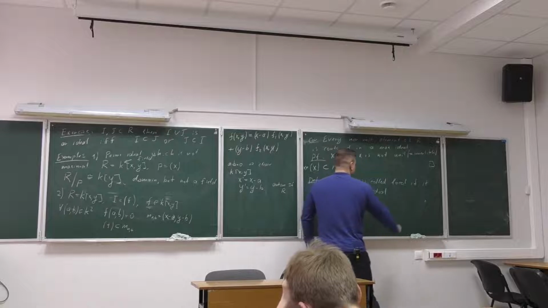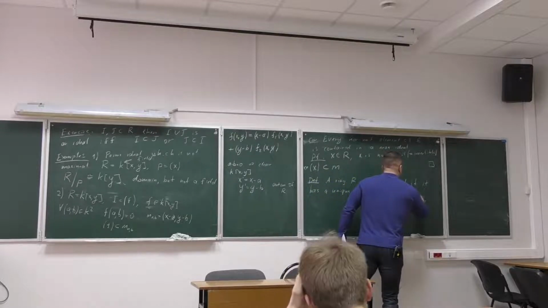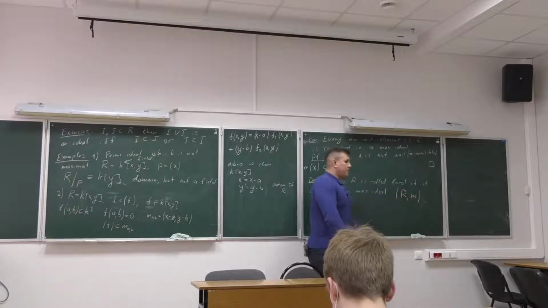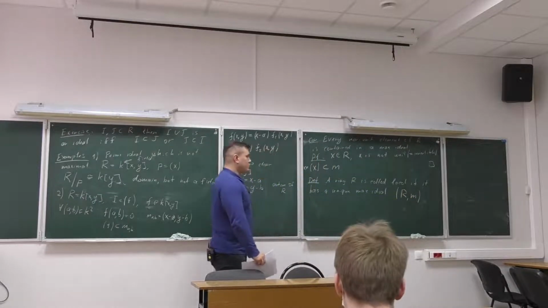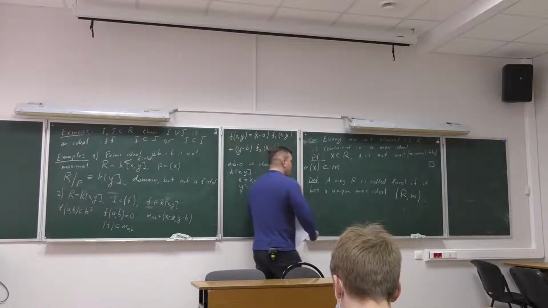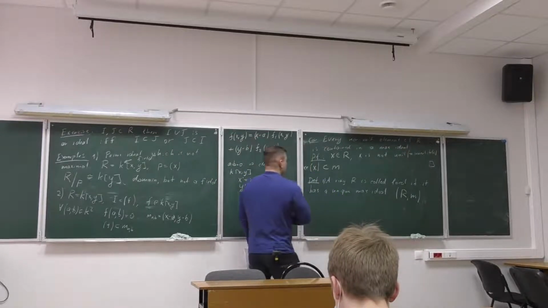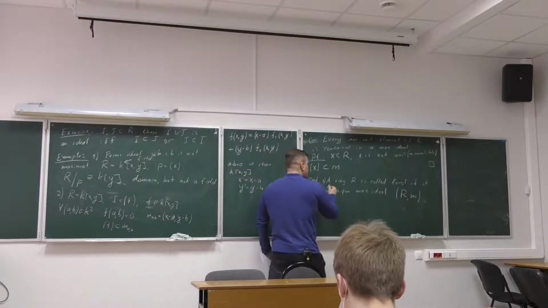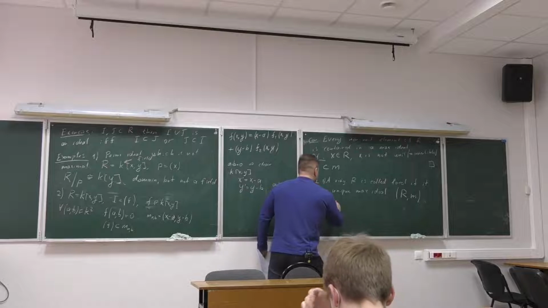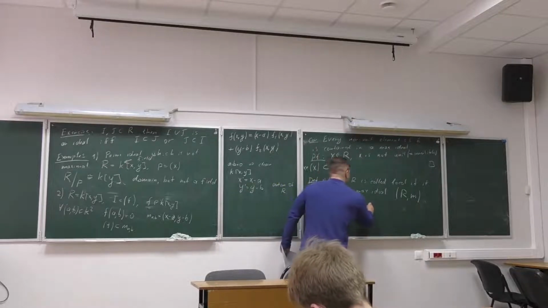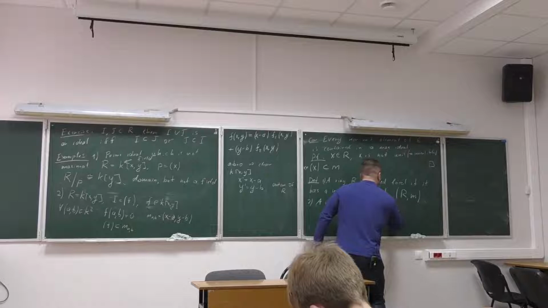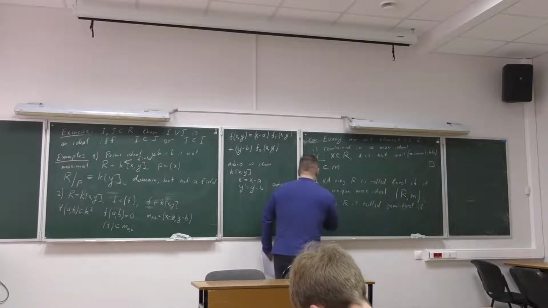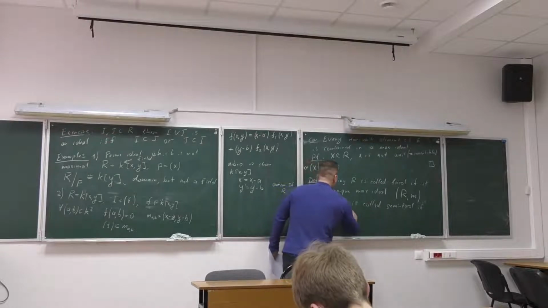In this case, people sometimes write the pair R and M. Whenever you see this pair of a ring and ideal, this means that this is a local ring, and M is the unique maximal ideal. Maybe I split this definition into two parts. This is the definition of a local ring, and there is also a notion of a semi-local ring. A ring R is called semi-local if it has finitely many maximal ideals.